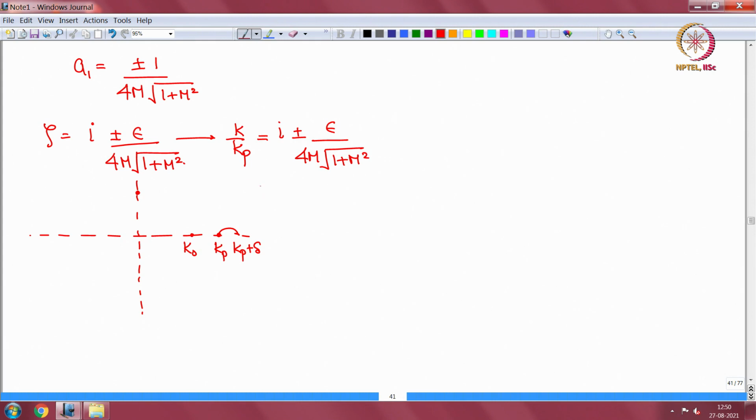So this becomes k is equal to ikp, the dimensional root, plus minus epsilon kp by 4m square root of 1 plus m square. So that ikp, the imaginary root, got perturbed either way in the real direction. So there is a correction in this way, real direction, correction this way, real direction. But whether both roots are valid or not, we will see.